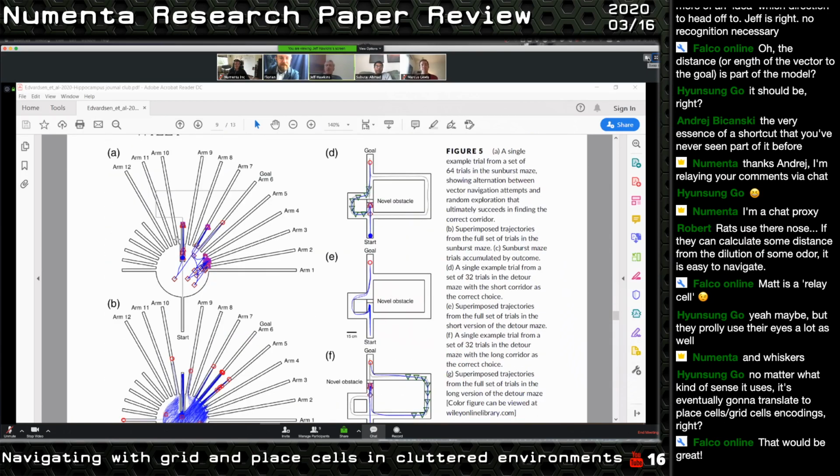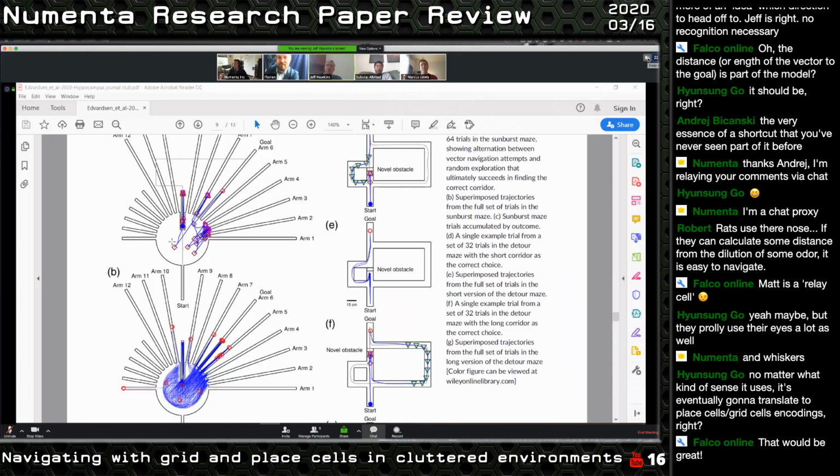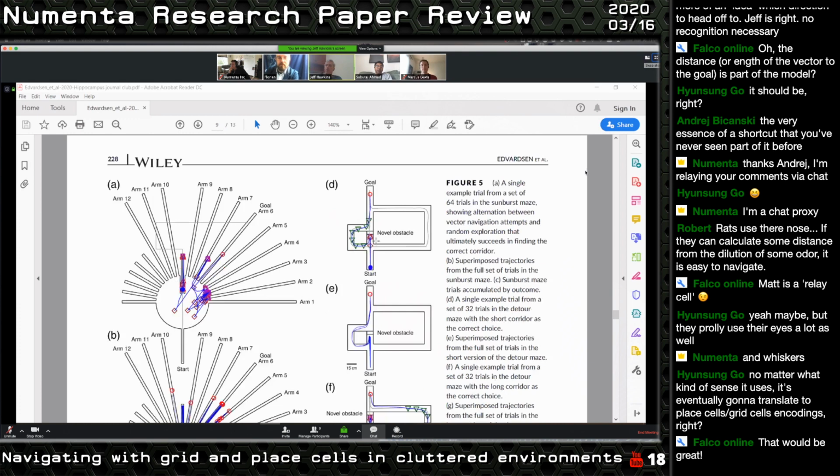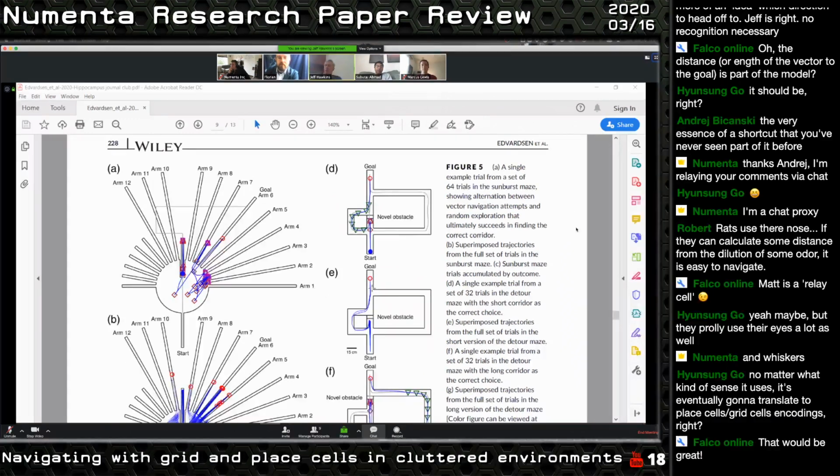So I won't spend much time on this figure. It was somewhat interesting, but this was more one of these things where they said, how does this work on two types of mazes that have been historically used going back many years ago, comparing it to this classic starburst, sunburst maze, and this other one, I forget what they call it.